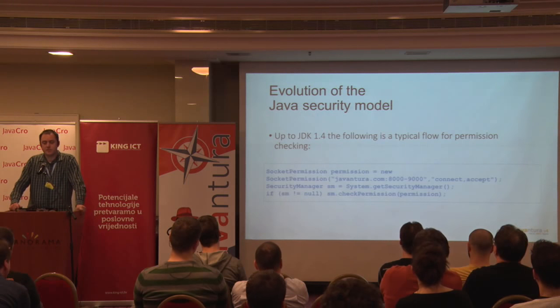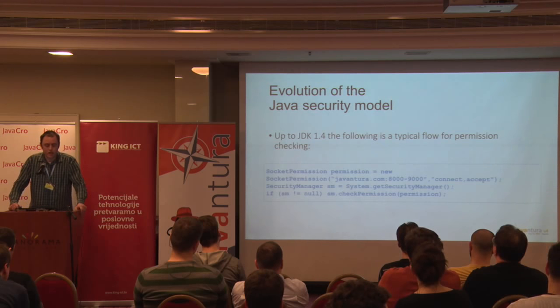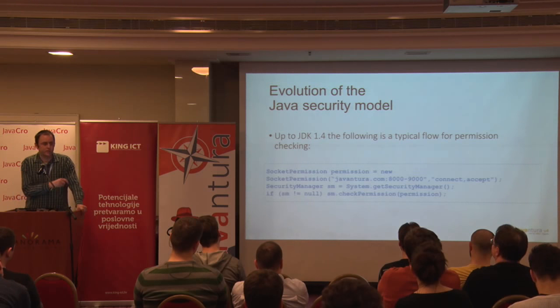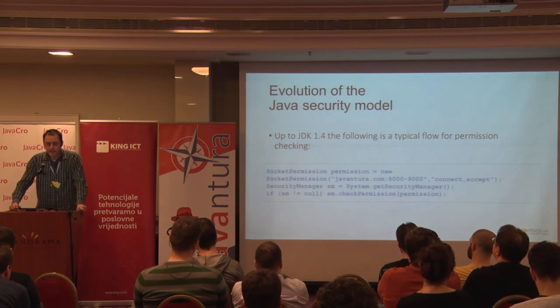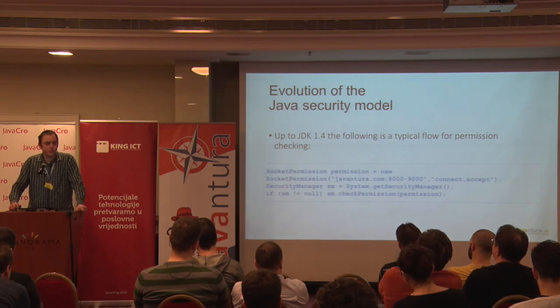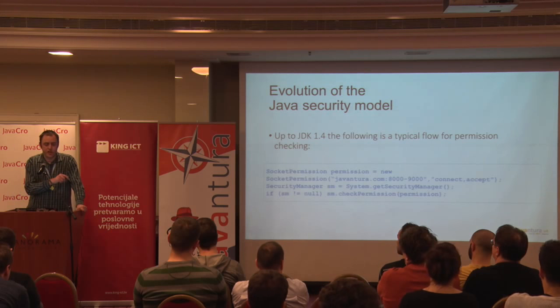You create some type of permission. In that particular case, I create a socket permission, which applies for the javantura.com site for ports between 8,000 and 9,000. The actions to which that permission applies are connect and accept. Then I get the currently installed security manager by calling System.getSecurityManager. And if I don't run a security manager, I skip permission checking.